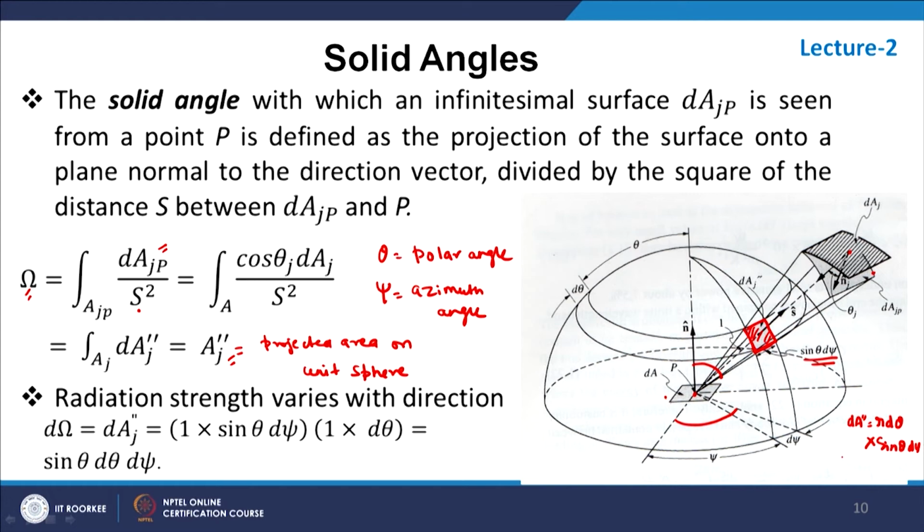Now, r is equal to 1. So, dAj double prime is equal to sin theta d theta d psi, and that is basically the small solid angle. So, d omega is the small solid angle by which this small area dAj is seen from point P.